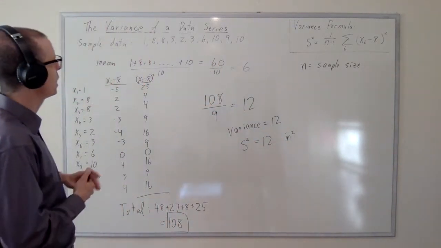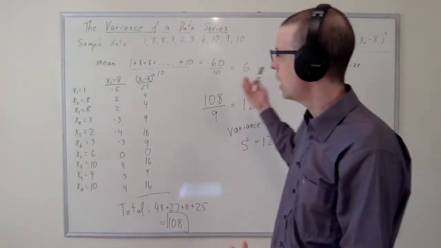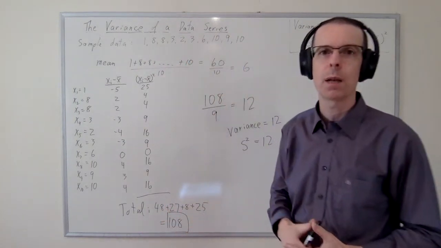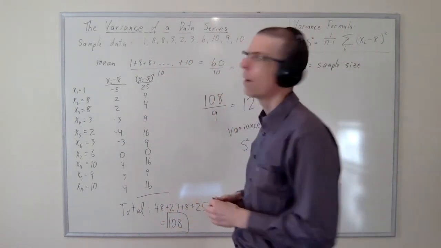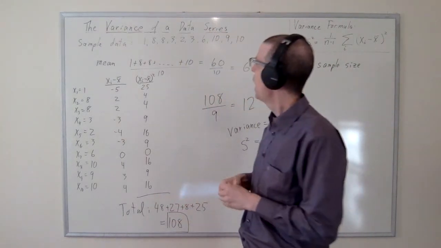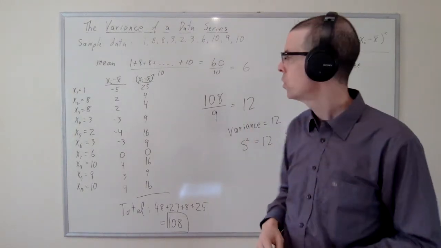Just to make this point nice and clear, let's go through it again with a different unit. Let's say instead of being the heights of plants, these are quiz scores, right? Maybe we have a quiz and it's out of 10 points, and well, I guess these quiz scores aren't very good, but oh well. So these are quiz scores for 10 students, and the units are points, right? These are like how many points you earn on your quiz.